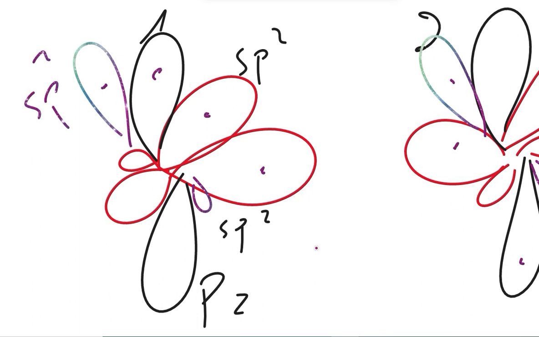Okay, so now it's easy to make those bonds. We have two hydrogens bonding with each of the carbons. One of the hydrogens will bond to this sp2, let's say, here. And the other hydrogen will bond to this sp2. Okay, so these are already saturated, this one and this one. We still have possibility for the pz, and this sp2 still has a possibility to make a bond.